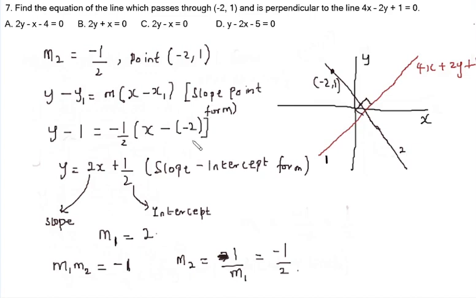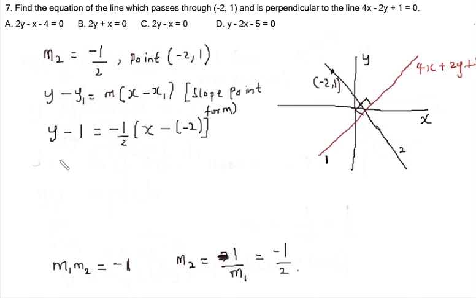Let's clean up space. Working on this equation, we have y minus 1 is equal to minus half x. So minus half times plus 2, opening this, is -1. So we have -1 on both sides. They can cancel out each other.